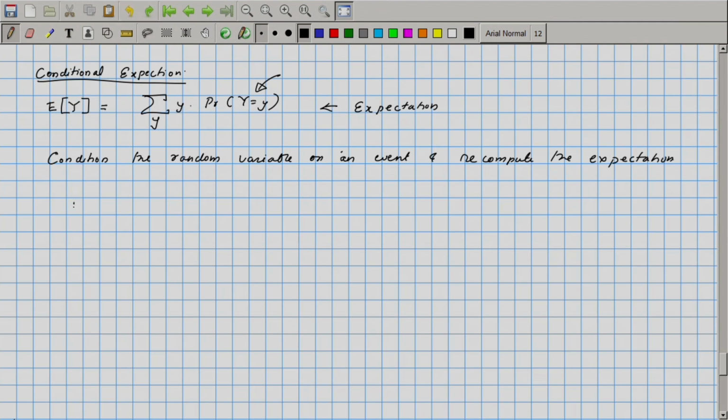More formally, the expectation of y, a random variable, given an event A, where A is an event, is equal to the sum over all y's, y into the probability that the random variable y takes the value y given the event A has occurred. Okay. So, this is the conditional expectation.